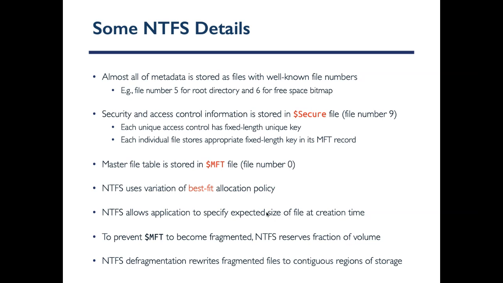Yeah, this is a feature that NTFS has and not many file systems have. NTFS allows users to specify at creation time what they expect their file size to be. And that's sort of important when you're dealing with extents. You want to maybe pre-allocate an area for this file. If you know that this file is going to be a certain size, you might want to keep those contiguous regions for this file.